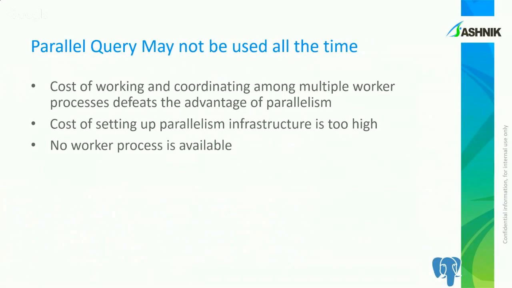PostgreSQL has a cost-based optimizer, and that cost is determined based upon various cost factors, like cost of scanning a particular table, cost of scanning indexes, cost of doing a join, cost of launching worker processes, cost of parallel scan, or parallel evaluation of tuples.